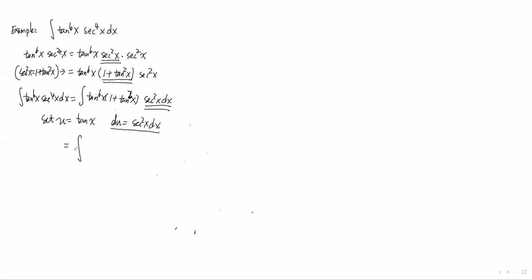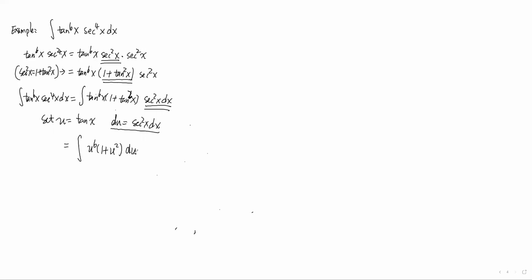We use the u substitution here. We have u power 6, (1 plus u power 6), and du. If you compare this problem with the previous problems, the trick is the same. You apply some basic trigonometric function identity, and then you do a substitution. Finally, you get a polynomial, right?